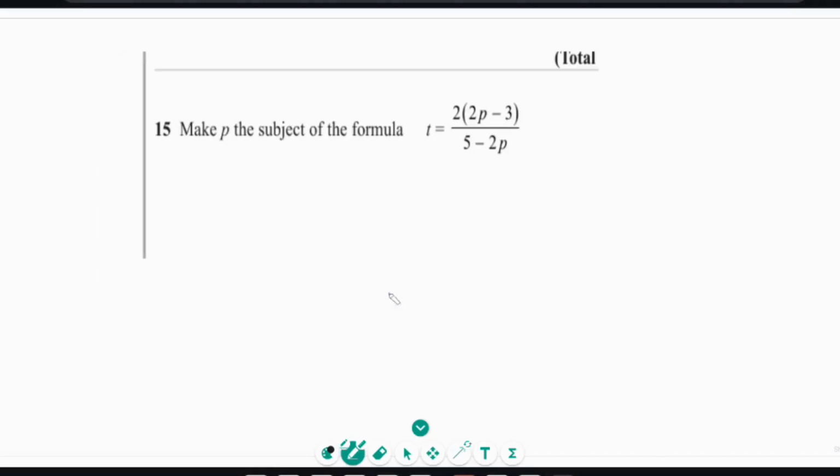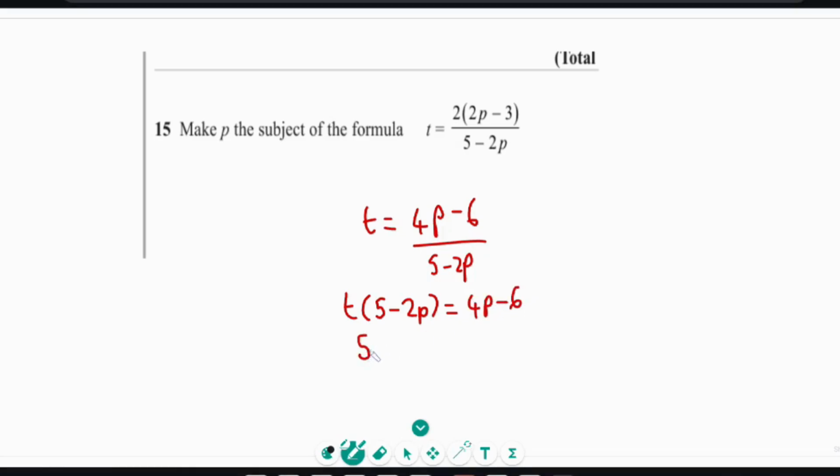Question 15, make P the subject. So I'm going to expand my brackets first of all. 4p minus 6. I'm going to times both sides by 5 minus 2p. Right, I'm going to expand my brackets. 5t minus 2p times t is 2pt.